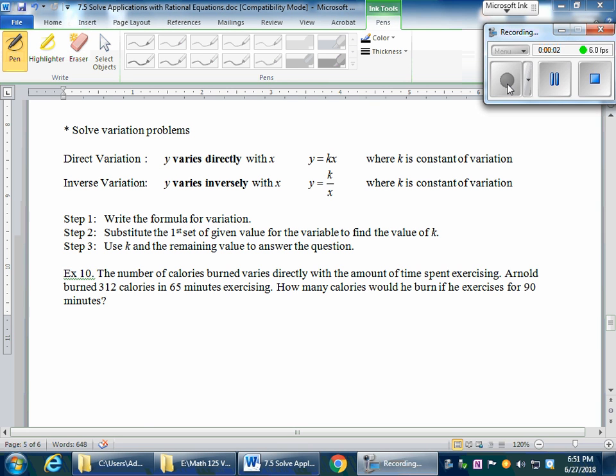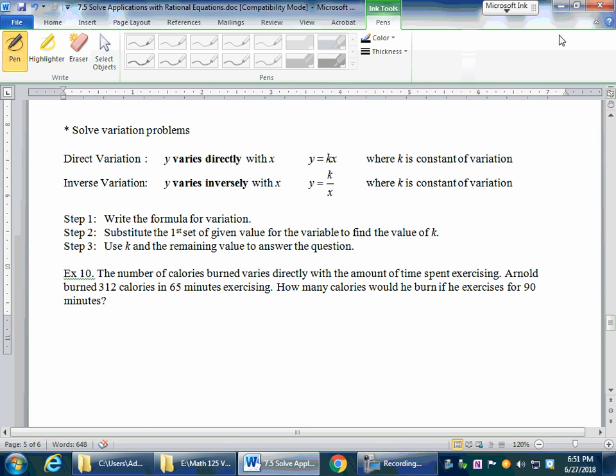The last part of this session is looking at variation problems. For variation problems, you want to pay attention to terminology, which is varies directly and varies inversely. If I say that y varies directly with x, that is basically y is equal to k times x.